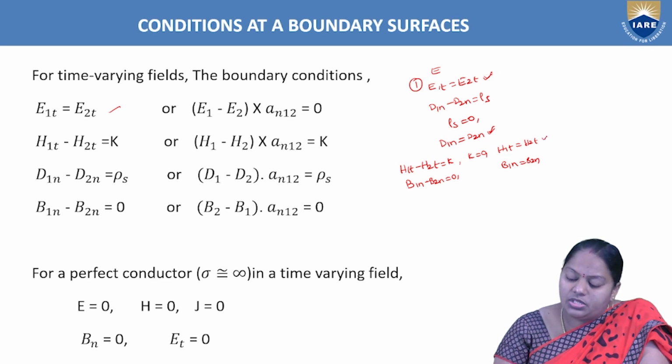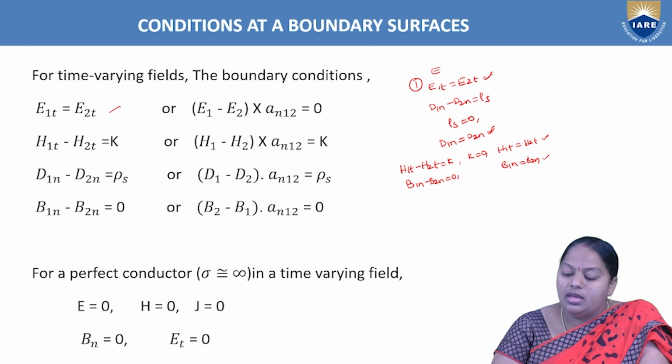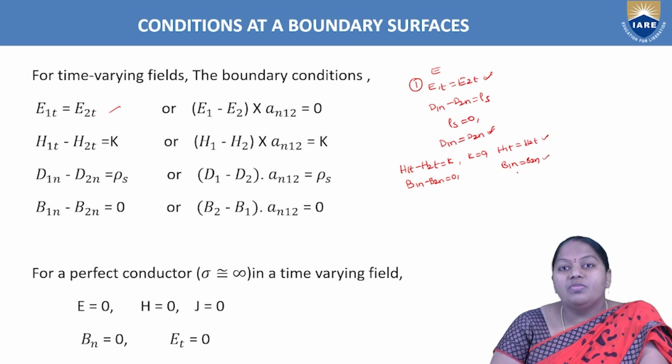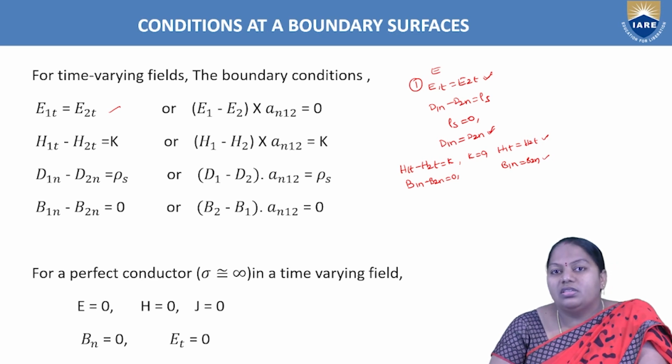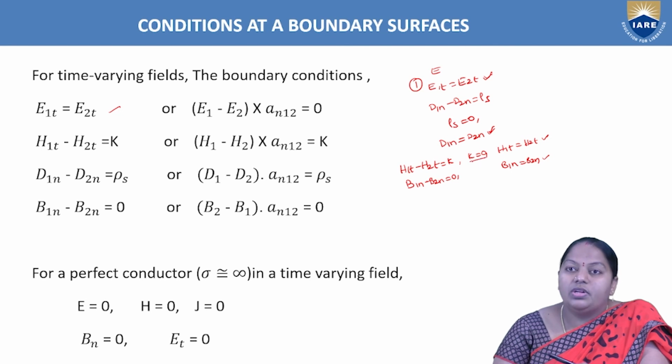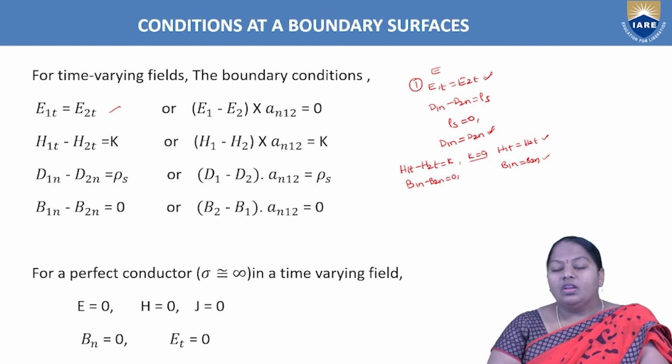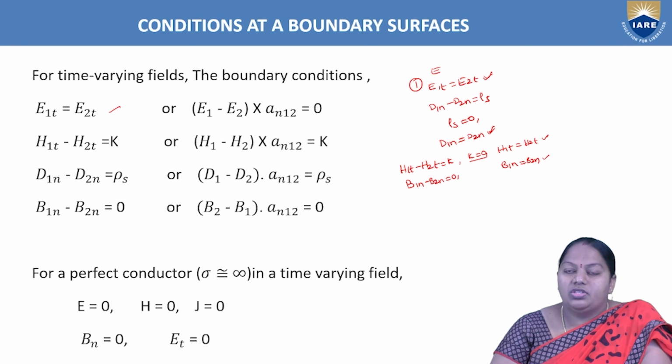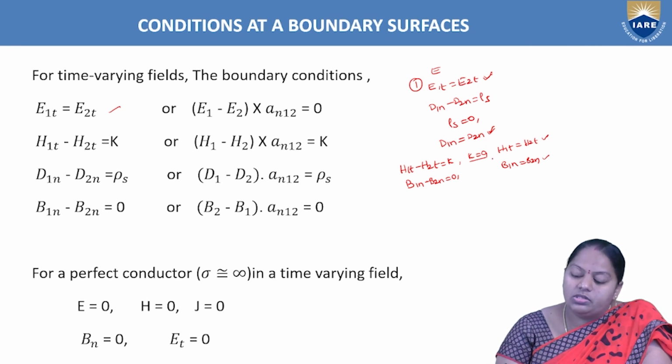Now from H1t equal to H2t and B1n equal to B2n, we can say that the tangential components of H1 and H2 are continuous across the boundary, and similarly the normal components of the magnetic flux densities are continuous across the boundary if the region has no free current distribution. Hence, if K equal to 0, then H1t equal to H2t and B1n equal to B2n.